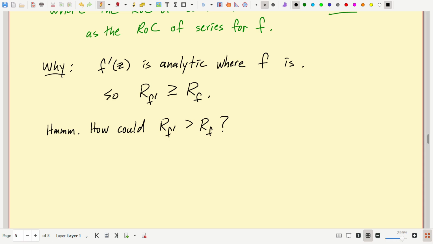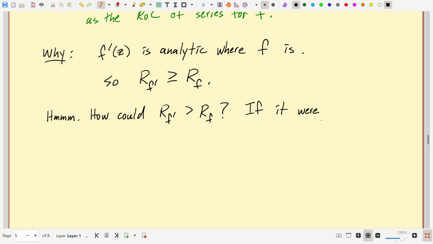If it were, well, I would know that the series would converge to an analytic function. I'll call it some weird letter, screwy f.